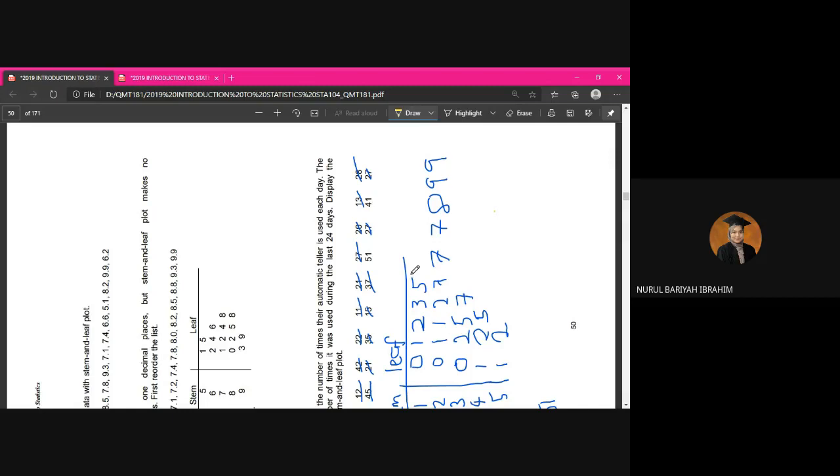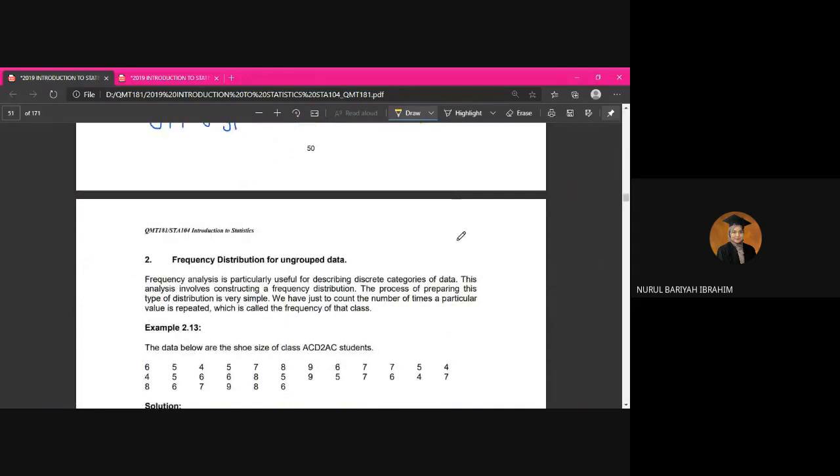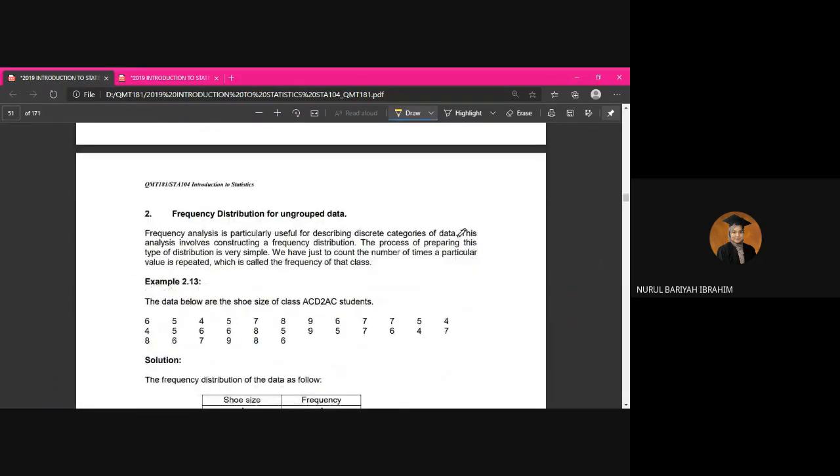It is skewed. Kat sini kalau tengok. Quite skewed. Okay, skewed to the right. Okay, that is the contoh lah. Okay, the stem and leaf plot and the skewed data.